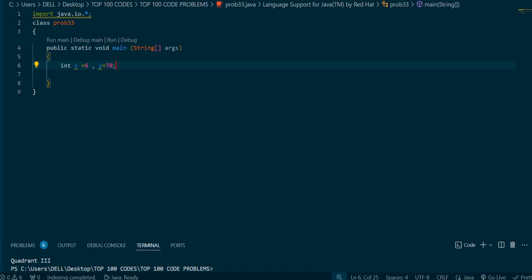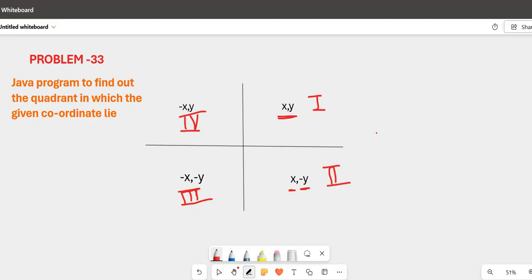In Java you can use the Scanner class to take input from the user and check the program in different use cases. Right now I am just declaring two variables and initializing them with particular values. You have to check the sign conventions of both the x coordinate and the y coordinate, and according to their signs check in which quadrant they are lying.